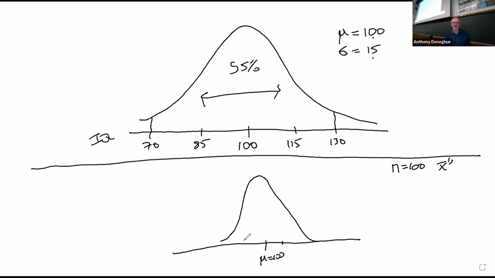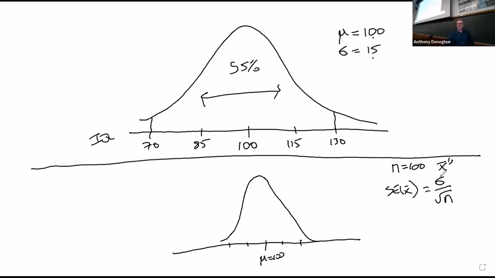It'll have variability in the sample means, and we measure that with what we call the standard error. The standard error of the sample mean is equal to the population standard deviation, sigma, over the square root of n.